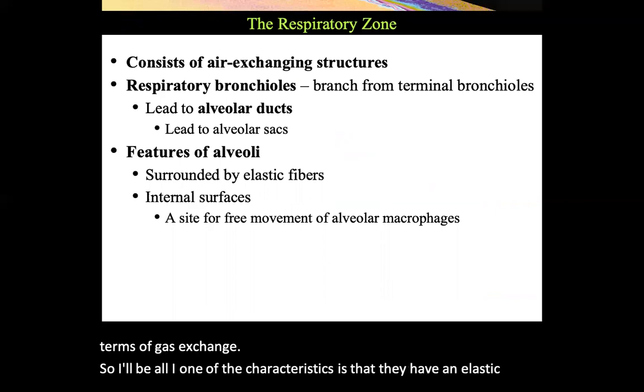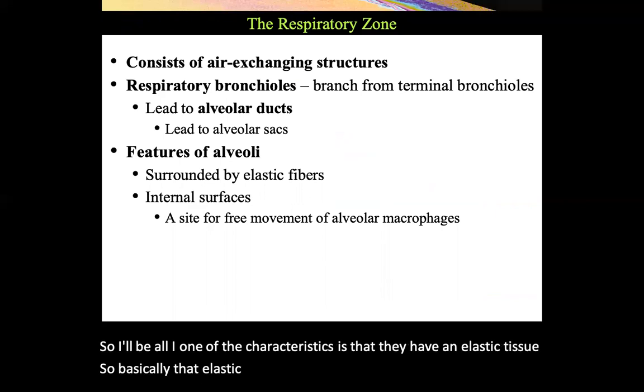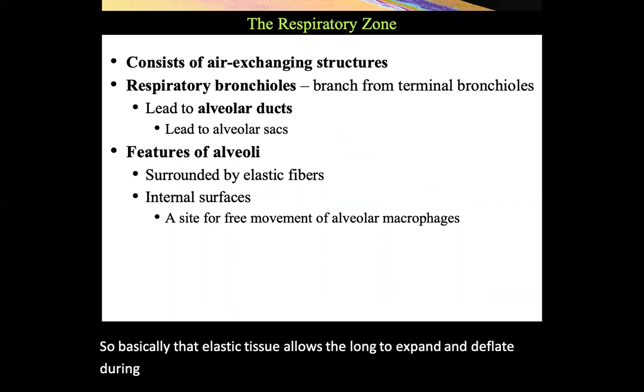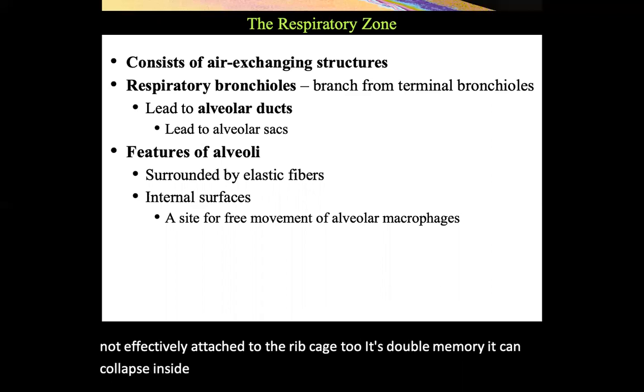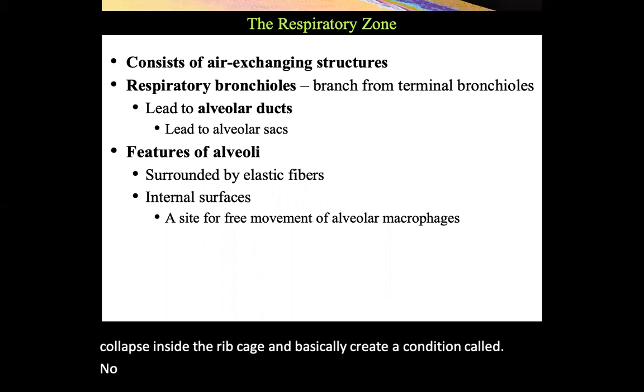That elastic tissue allows the lung to expand and deflate during inhalation and exhalation. It is also the reason that if the lung is not effectively attached to the rib cage through its double membrane, it can collapse inside the rib cage and create a condition called pneumothorax, or a collapsed lung.